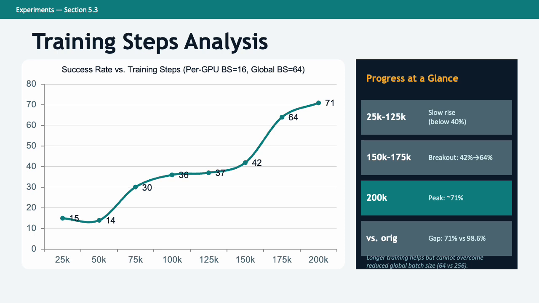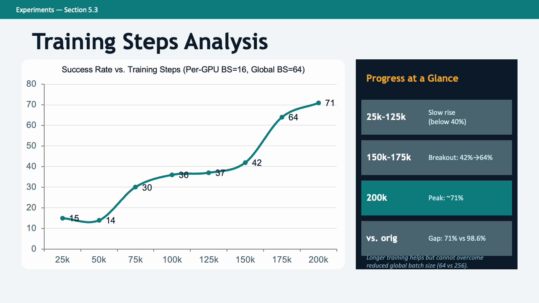After that, we wanted to see whether longer training could improve the result, so we fixed the per GPU batch size at 16, which was our best feasible setting, and trained the model up to 200,000 steps. The improvement was significant. In the earlier stage, from 25,000 to around 125,000 steps, the success rate increased quite slowly and stayed below 40%.